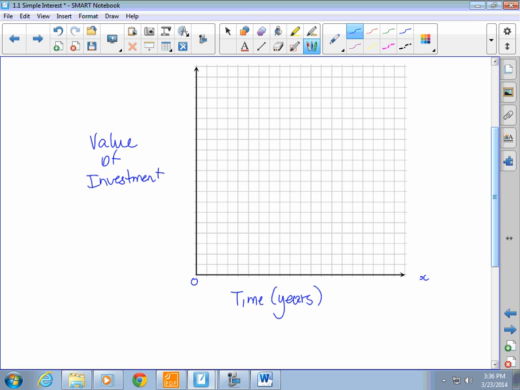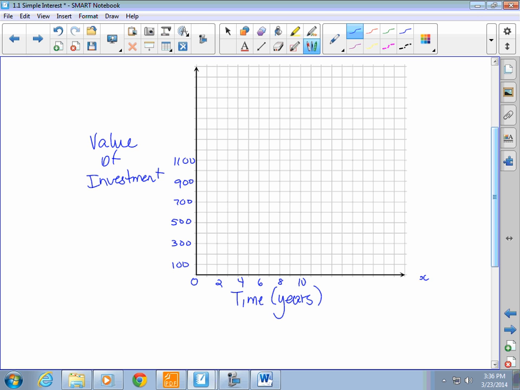So if this is 0, 2, 4, 6, 8, and 10, and if we go starting at, so this would be 100, 300, 500, 700, 900, we'll go up to 1100. You don't really need to go that high.